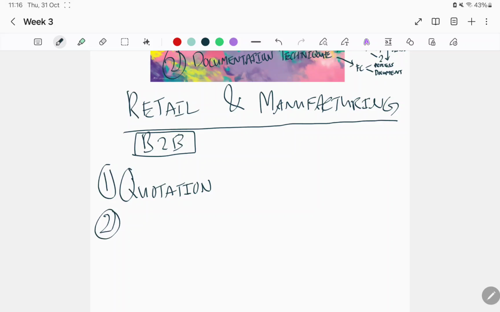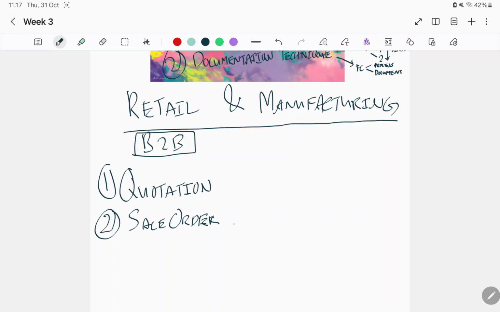Then once the customer is happy with the quotation, they will proceed to order. Then over here we have the sales order. It works the same with manufacturing in the process. Once you are happy with the quotation and you have the sales order, it's like a contract, already settled.